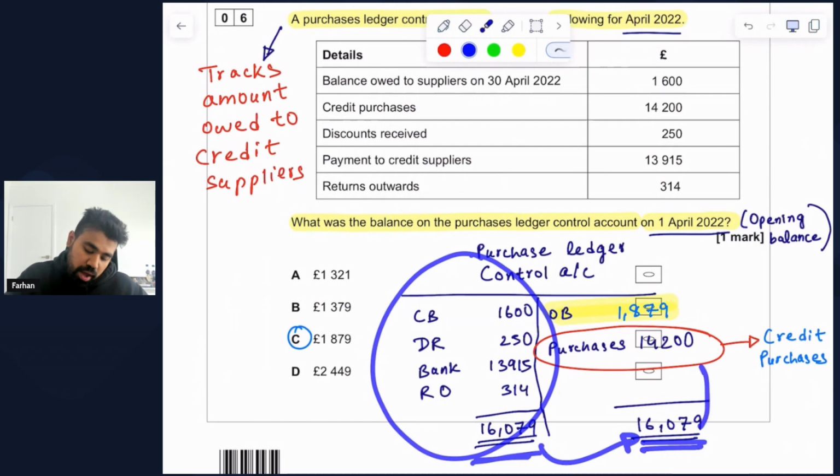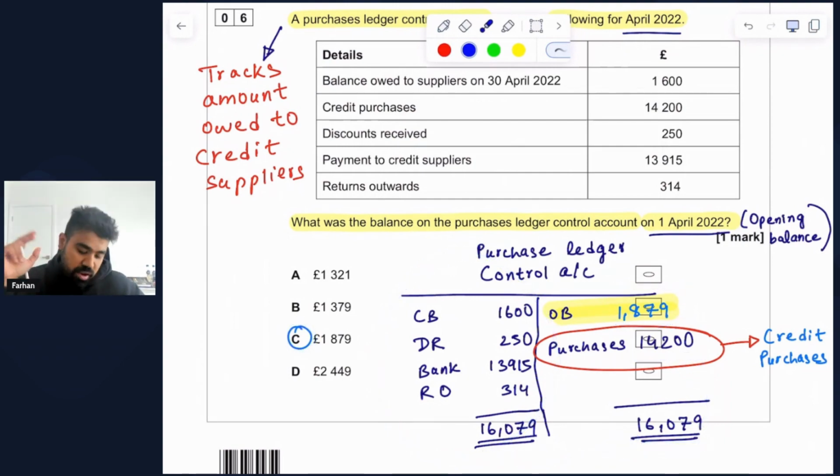Once you take away the credit purchases of £14,200, you're left with £1,879, which is the opening balance on 1 April 2022. In other words, this is also known as the balance brought down on 1 April 2022 of £1,879, or the amount that we owe at the beginning of the period to our credit suppliers. On that basis, the correct option to select would be option number C.